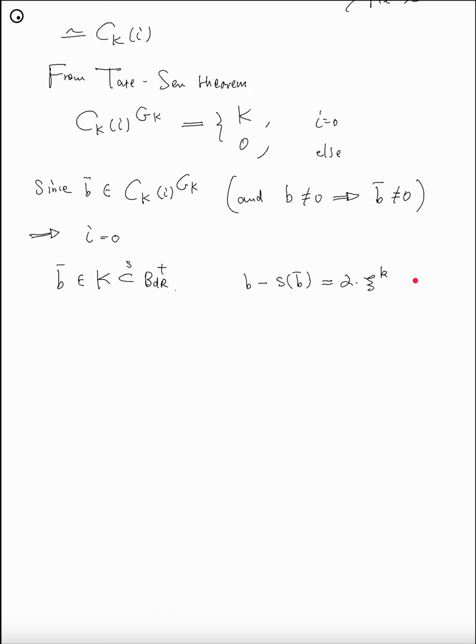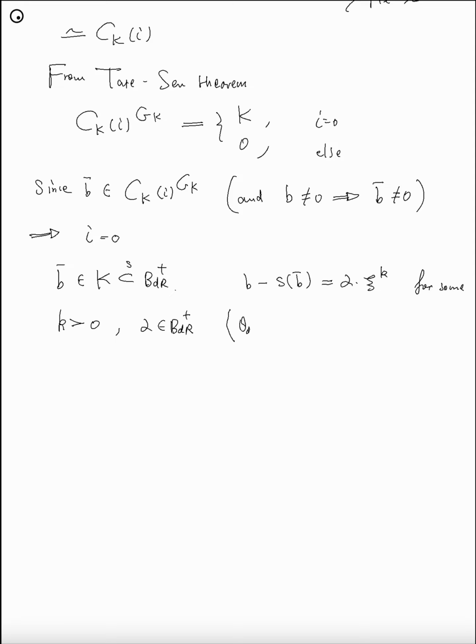for some k bigger than 0, and alpha in B_dR plus. In other words, we are saying that this is in the maximal ideal, in other words, in the kernel of theta.